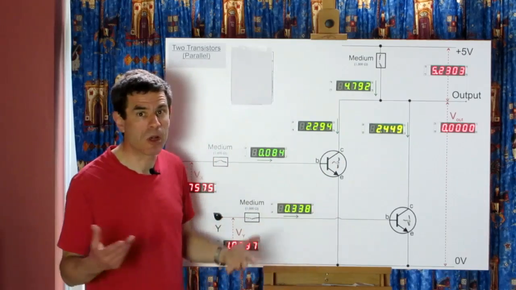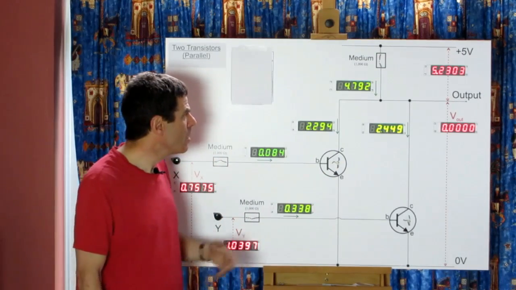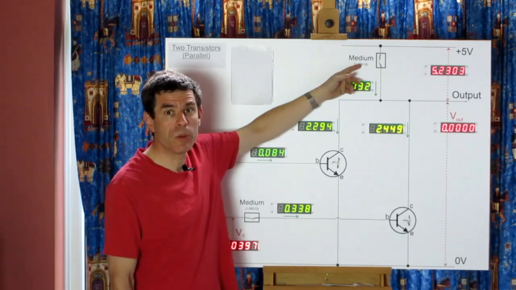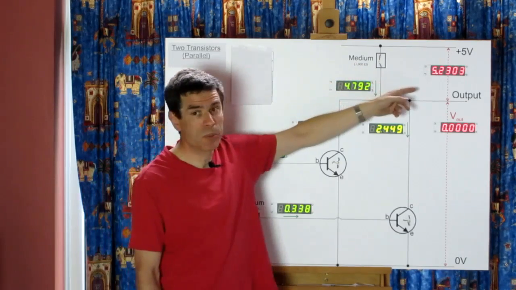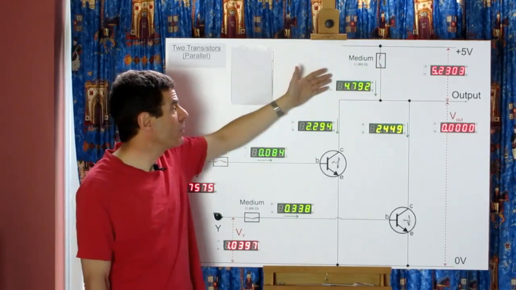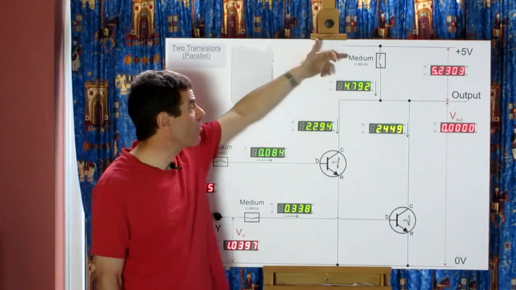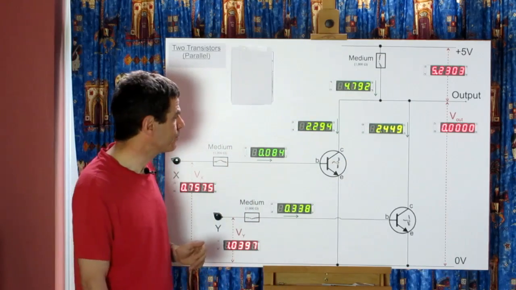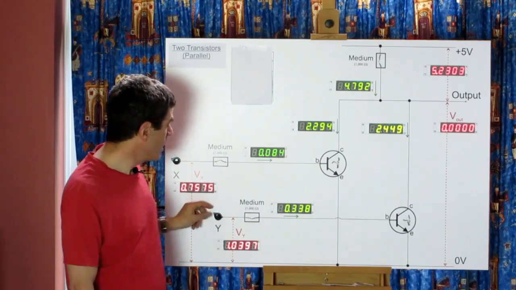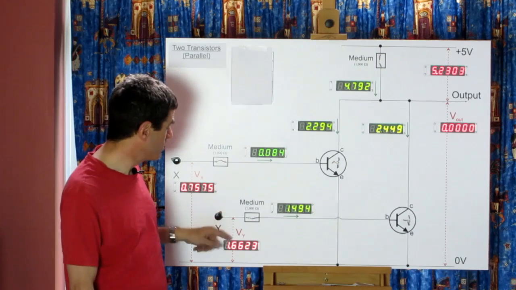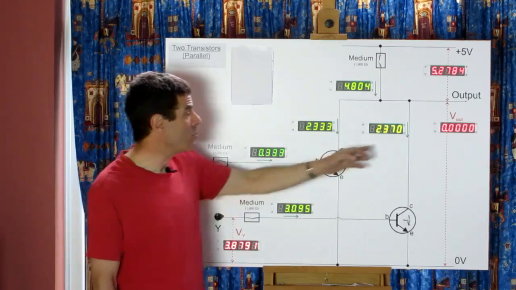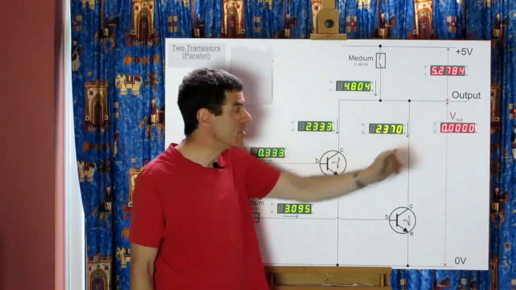You can't get any more current flowing through here, because with our 1000 ohm resistor here, our power supply is limited to providing 5 milliamps. So you get the 5 milliamps through here, and then roughly 2.5 milliamps each side. And we can increase these voltages, but they can't cause any more current to flow, and our output stays at 0.